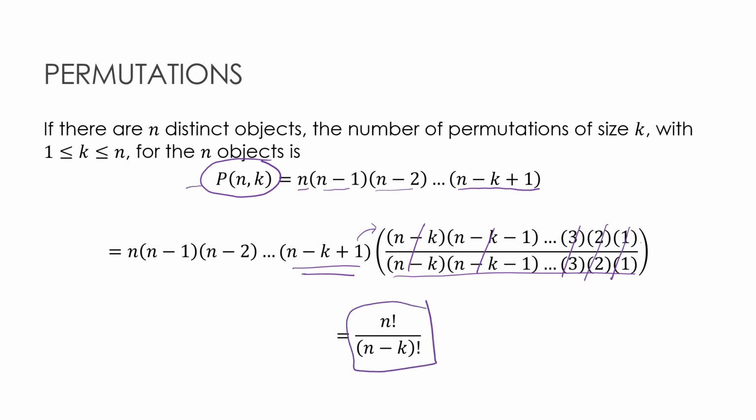And this is the definition for a permutation. So P(n,k) will get us to n factorial over (n minus k) factorial. But again, it's important to understand where the n minus k came from, which is to say, starting at n minus k, I want to cancel those with what would be left on the top so that I only end where I want to end, which is n minus k plus 1.